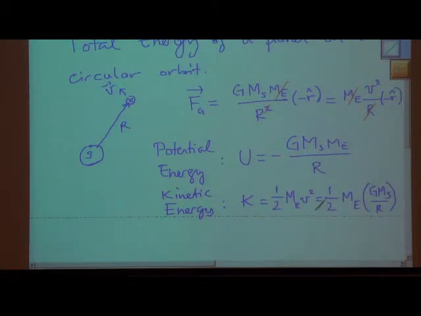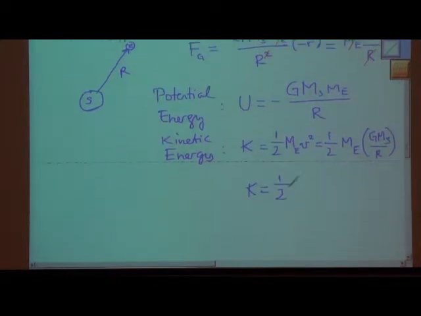So kinetic energy is now one half G M_S M_E over R. Potential energy is minus G M_S M_E over R. Kinetic energy is one half G M_S M_E over R.